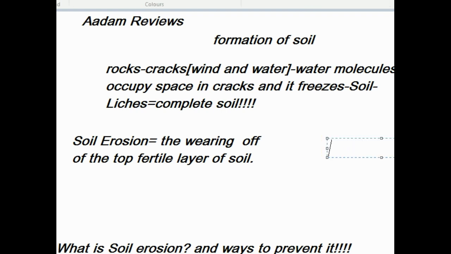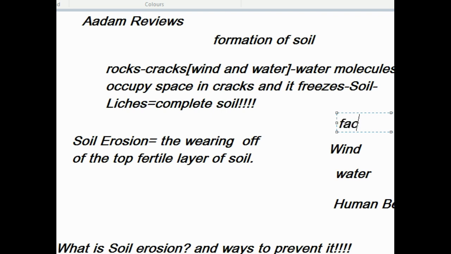The factors of soil erosion are: first one is wind, second one is water, and human beings. These are the factors of soil erosion.